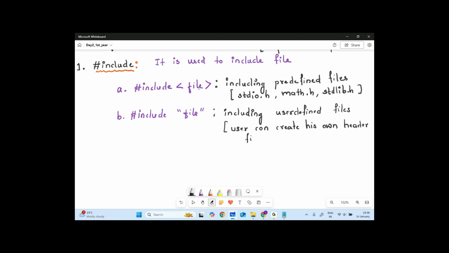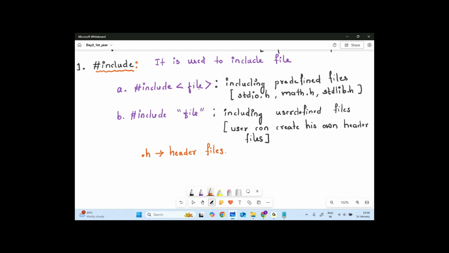And the files which you are seeing with the .h extension are called header files.